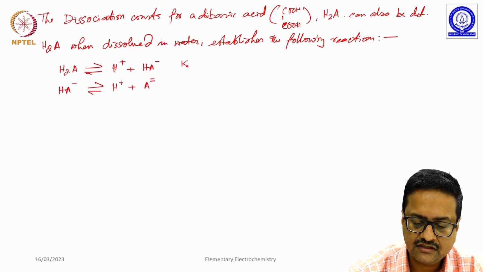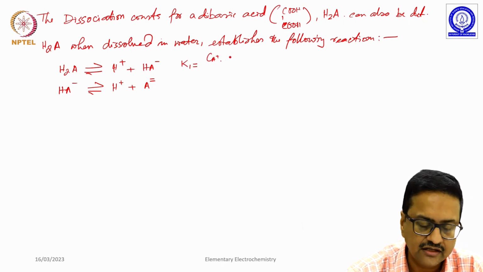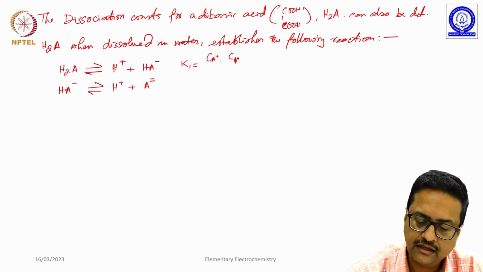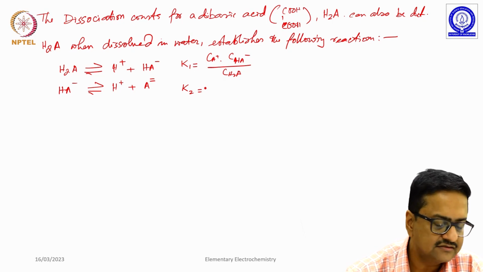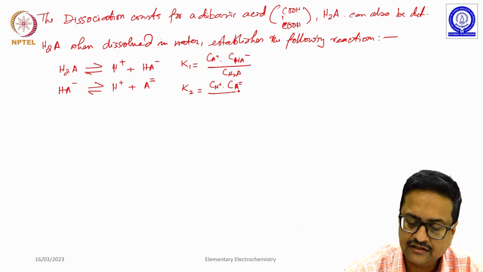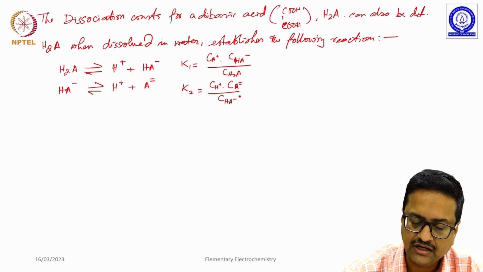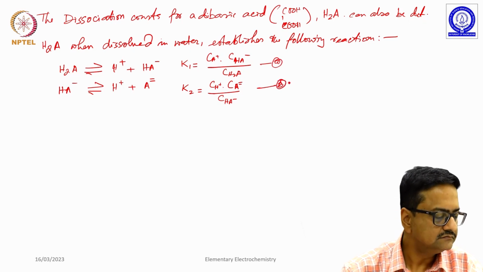So, for the first reaction, K1 is written as CH plus into CHA minus divided by CH2A, and the dissociation constant K2 is CH plus CA2 minus divided by CHA minus. So, this is equation A and this is equation B.